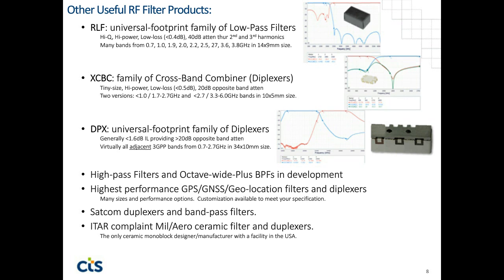Often the PSAT, P3dB, or P1dB is a good surrogate for the peak modulated power into the filter. We have solutions that support up to 200 watts of peak modulated input power. For instance, the UMD family can support up to that kind of power level.